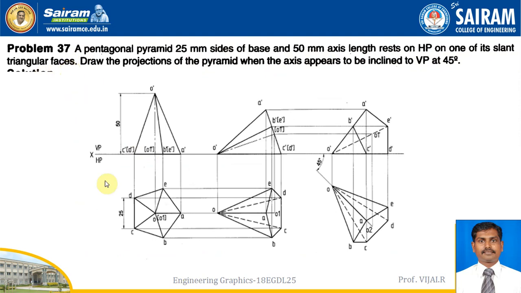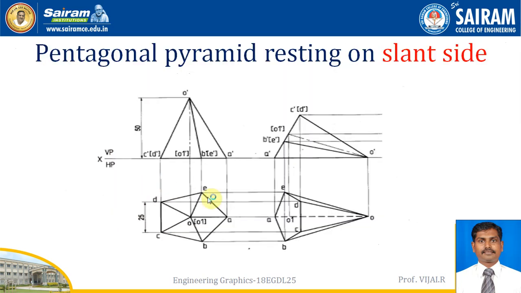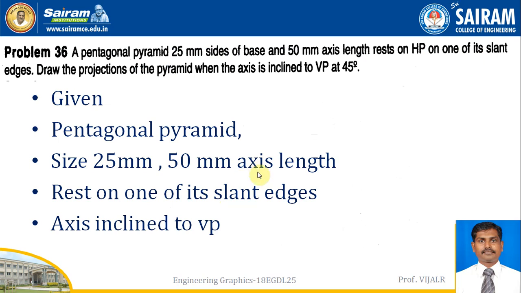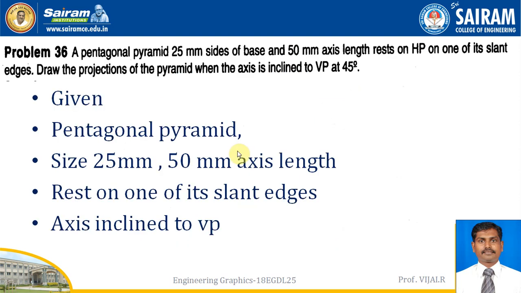So this is the triangular face, isn't it? As I said, we can draw this side also, that is, you have to tilt in this direction. Otherwise, we have to draw the initial position like this triangle, and you can tilt on the right side.